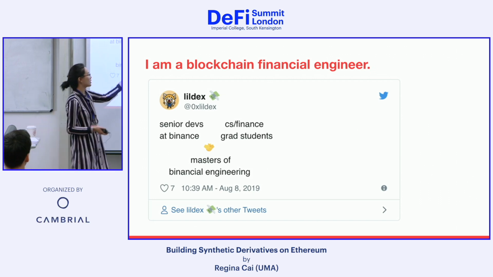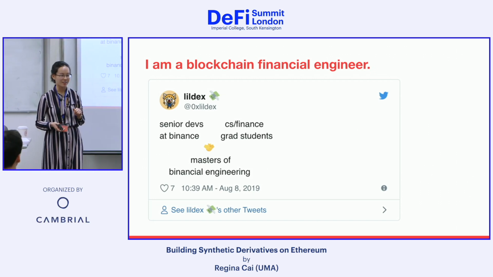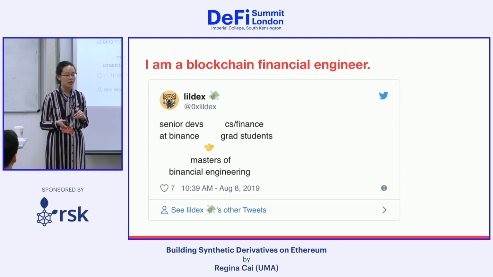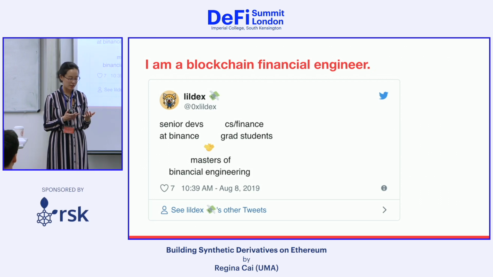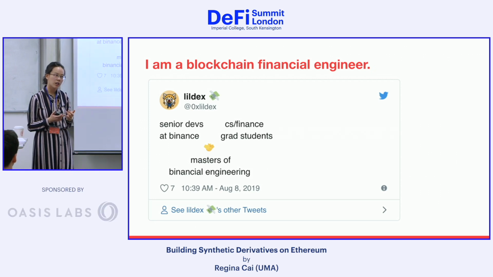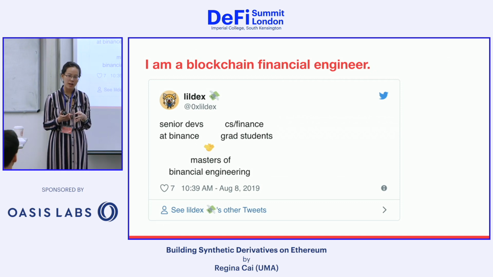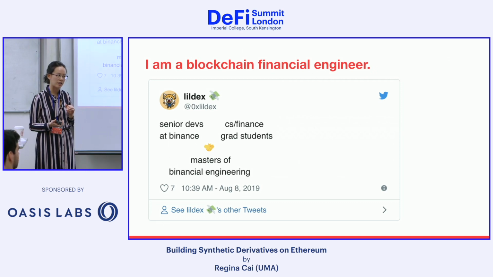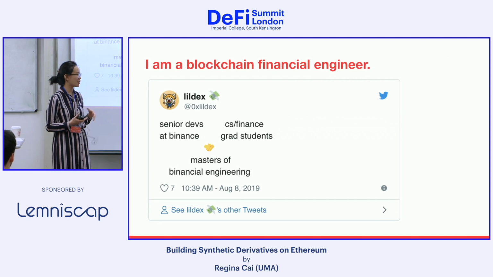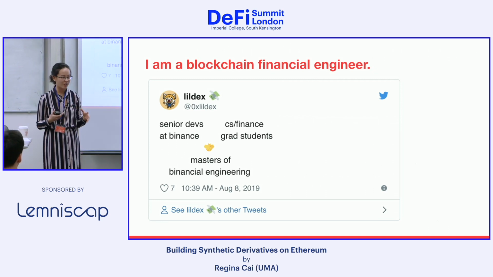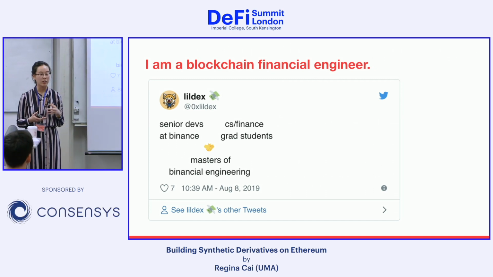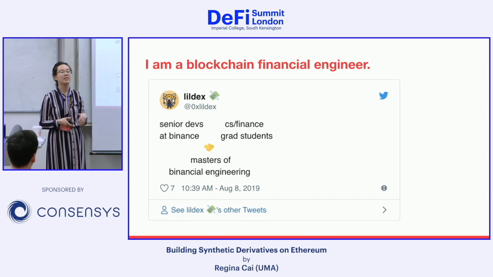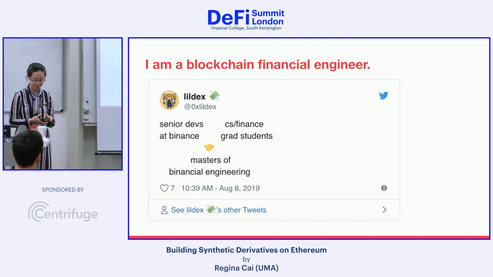And I made the joke that they're typically CS or finance grad students, or people who have studied some combination of, I'd say, control theory, game theory, economics, math, finance, computer science, cryptography, some combination of people that all have this interest in what I'll call token design, mechanism design, blockchain financial engineering.